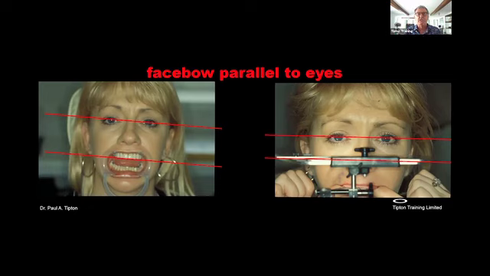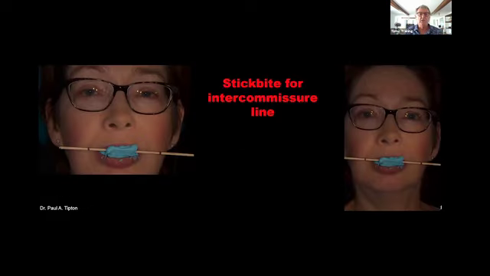The incisal edges of our crowns come back parallel to the eyes. So it's important that we use a facebow. If we're using intercommissure line, then the facebow very often obliterates or makes it difficult to get the true intercommissure line. And for those instances, then we use a stick bite.